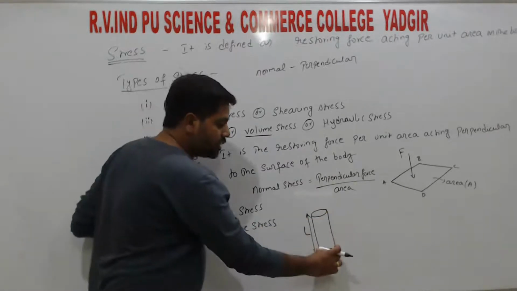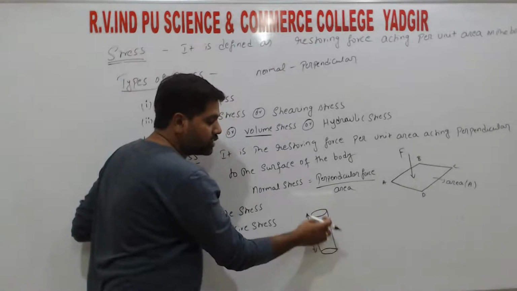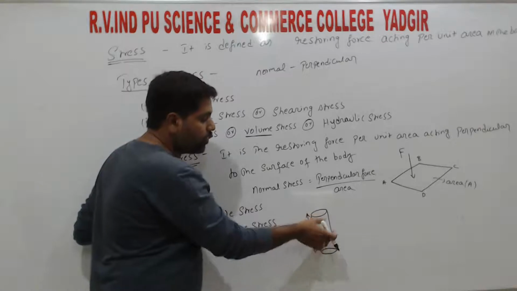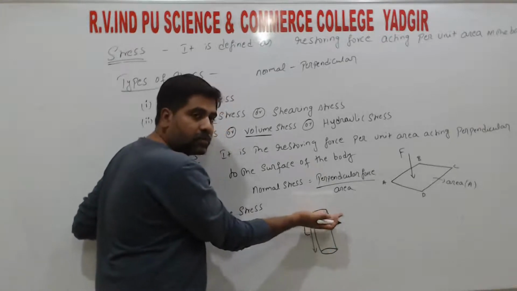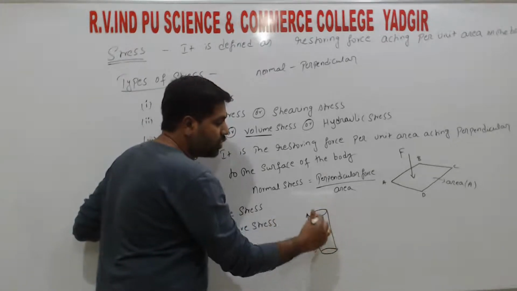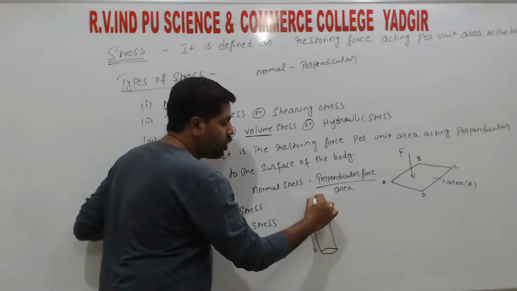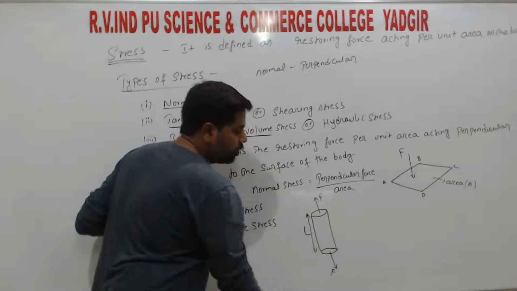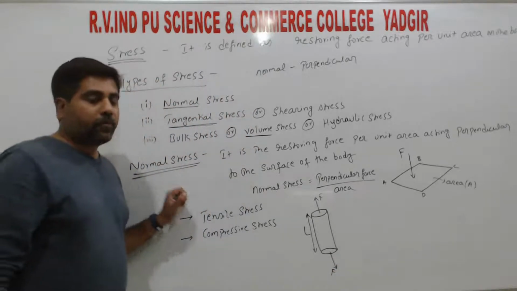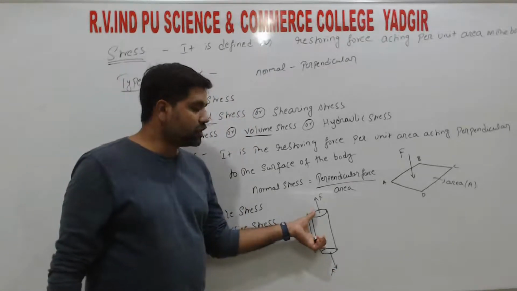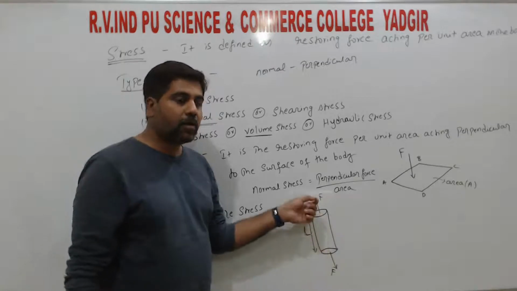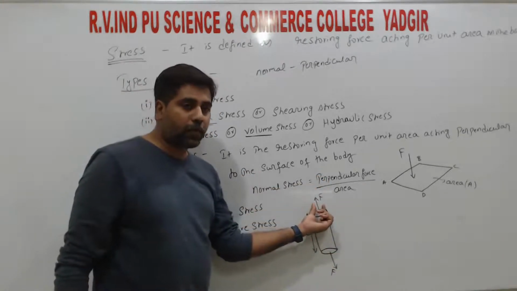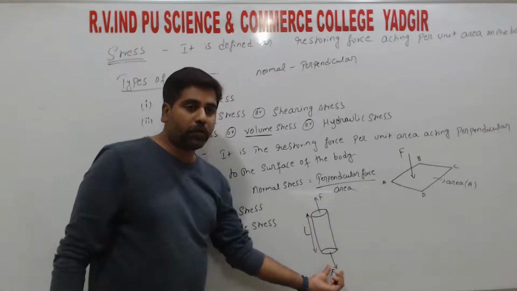Onto this circular surface of the cylindrical rod, I am applying equal and opposite forces. Here if I apply 10 Newton force, then here also I apply 10 Newton force.